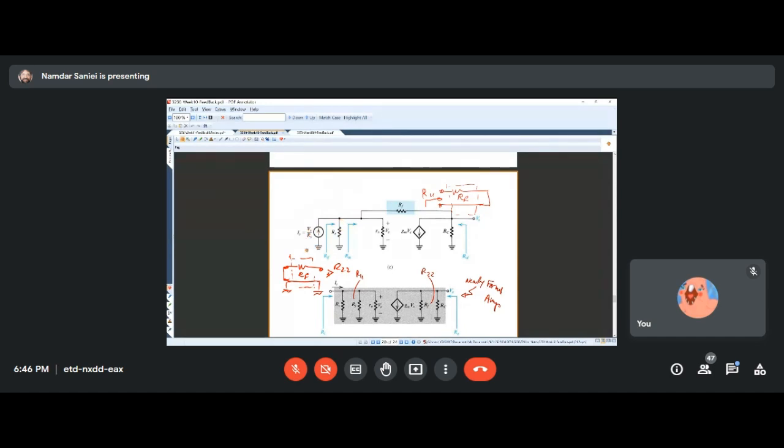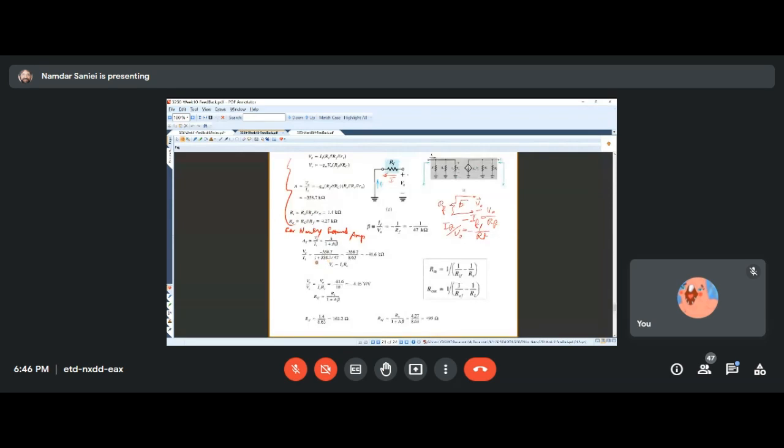So obviously, if we are looking for VS, we can multiply IS by RS. Since in our gain we do have IS in the denominator, if we multiply it by RS, we get VS in the denominator, and we have VO over VS.